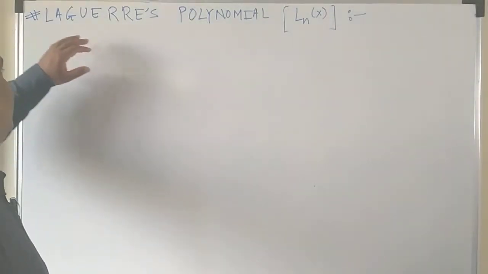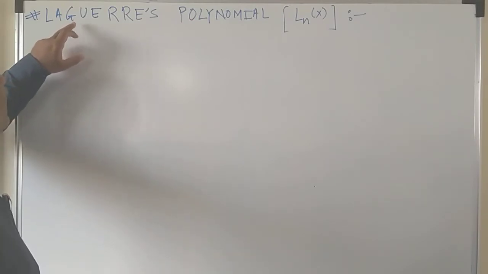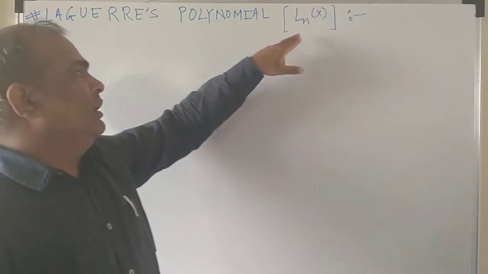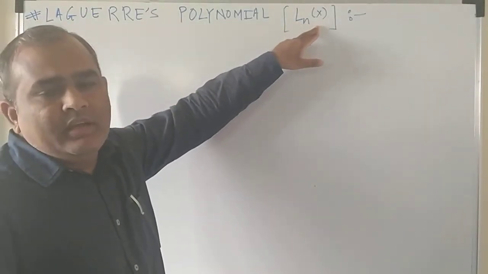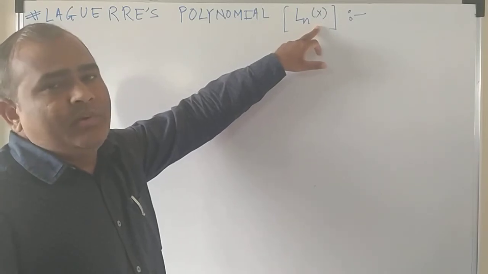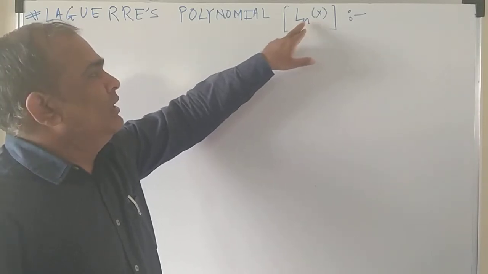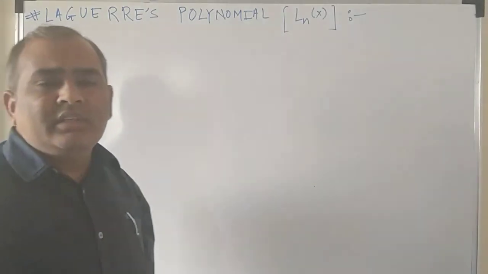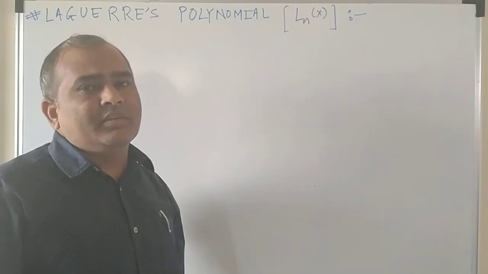So let's go ahead and study the next kind of polynomial, and the name of the next kind of polynomial is Laguerre polynomial. This Laguerre polynomial is denoted by the letter Ln of x, like Legendre polynomial is denoted by Pn of x and Hermite polynomial is denoted by Hn of x. Similarly, Ln of x has a generating function, a Rodriguez formula and a differential equation, right?